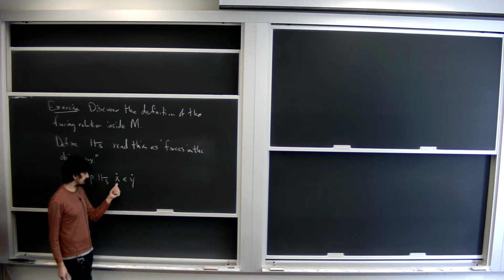Okay, so forces in the obvious way might mean something like this: X literally is one of the things that's paired up with some condition that's weaker than P inside Y.